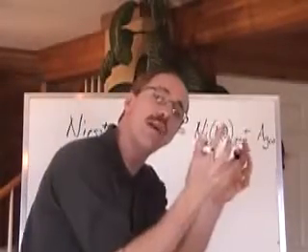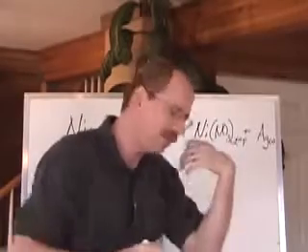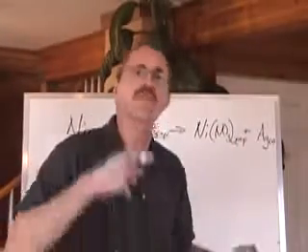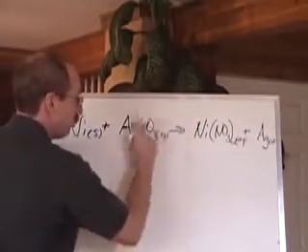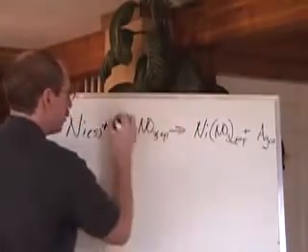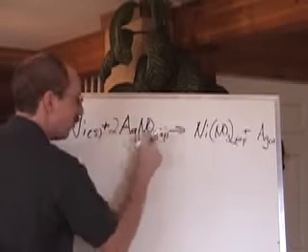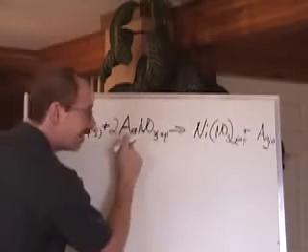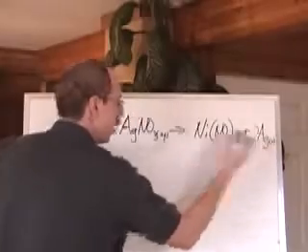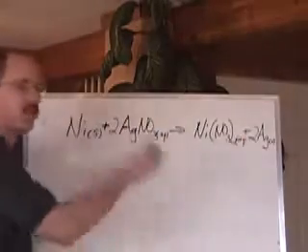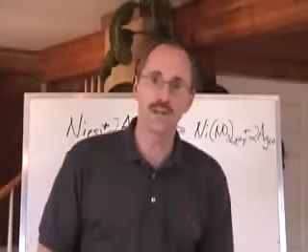So balance the whole polyatomic ion together. Don't have to balance the nitrogens separately from the oxygens. It's fine. So take a look. 1 NO3 there, 2 there. You've got to put a 2 in front here. Now you've got 2 NO3s, but you've got 2 Ags. And now the entire equation is balanced: 1, 2, 1, 2. Let's do another one.